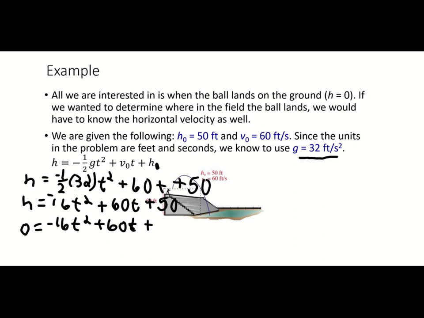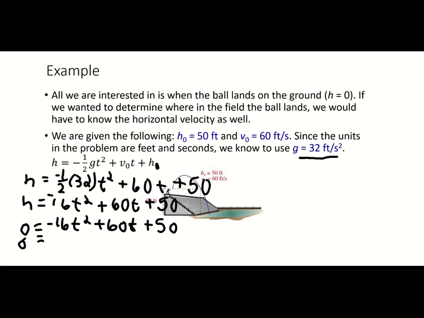Sometimes you can factor them, sometimes you can't. I typically go straight to the quadratic formula for these, especially if my numbers are big. If you can pull out a greatest common factor, you can do that as well. Like here, I could pull out a -2.